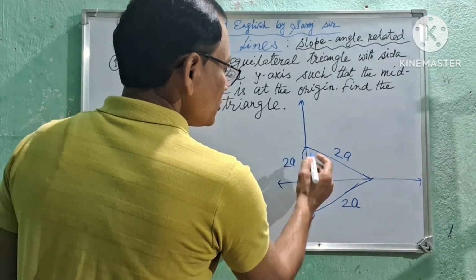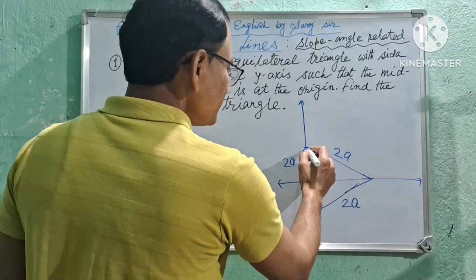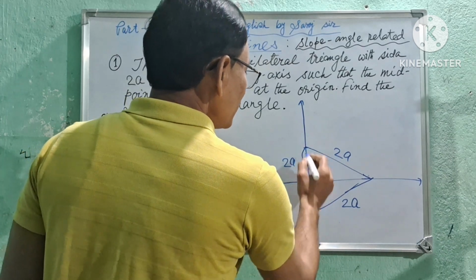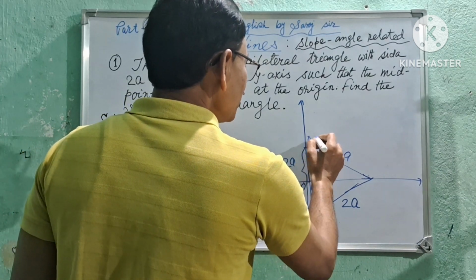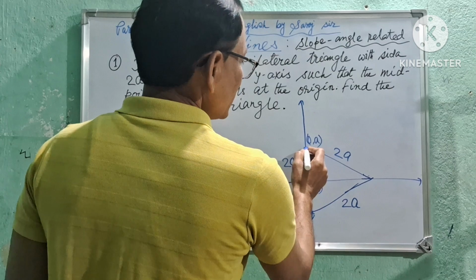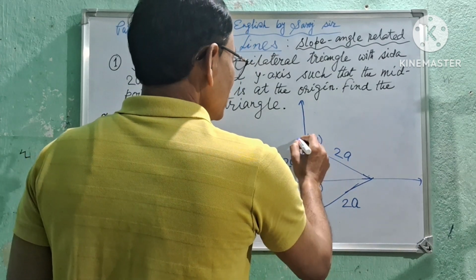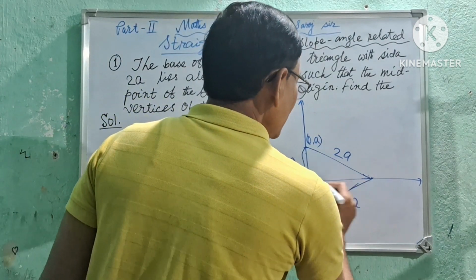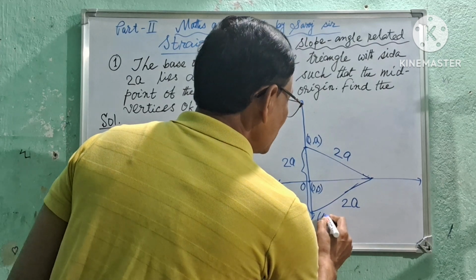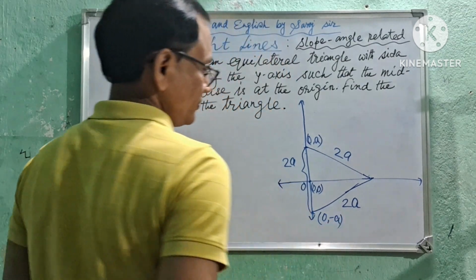This is the midpoint, so this portion will be a, that is 0 comma a, this point, and this point will be 0 comma minus a.